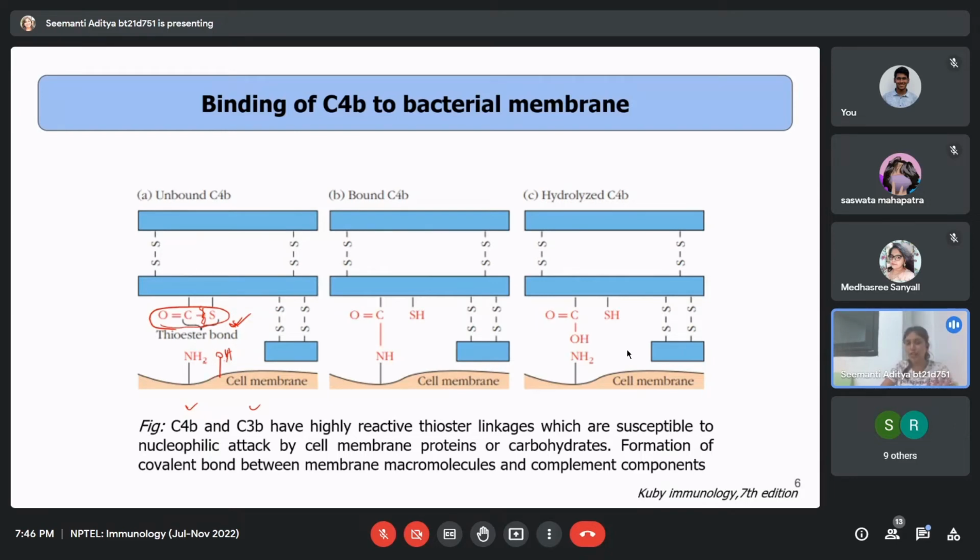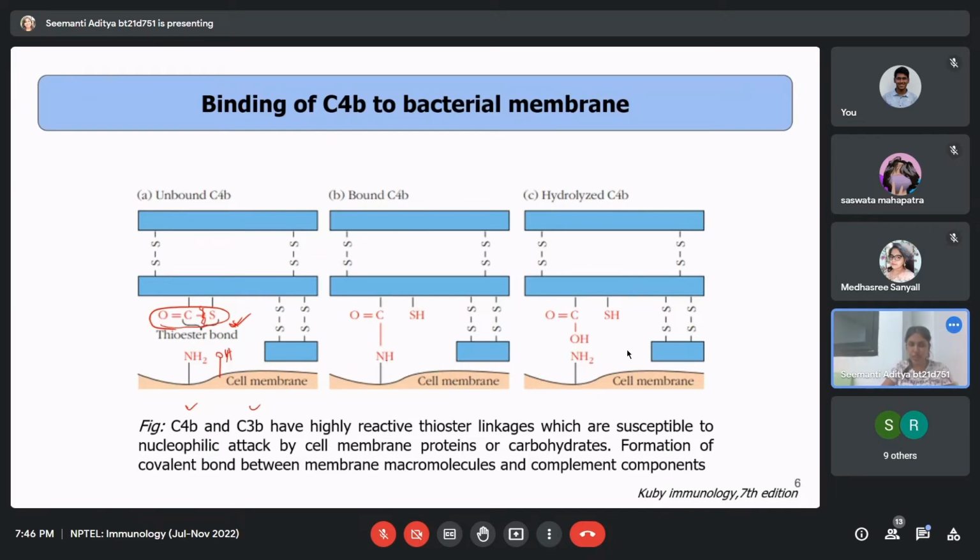Because this is a very highly susceptible bond, it can undergo a nucleophilic attack by the side groups of the proteins and carbohydrate moieties, and this will result in the cleavage of this thioester bond. Once this thioester bond is cleaved, this bond is broken down.